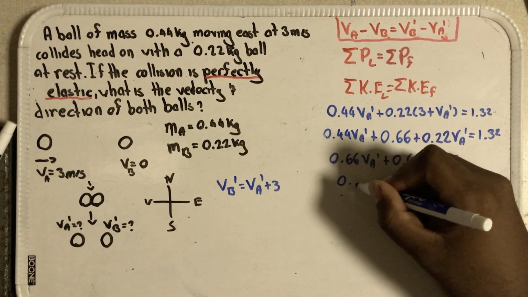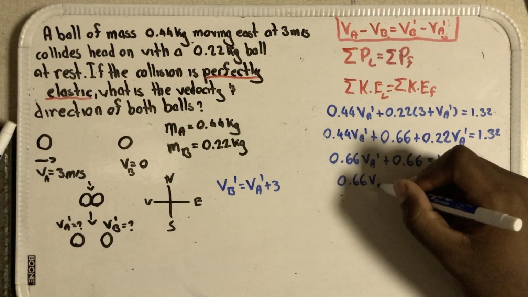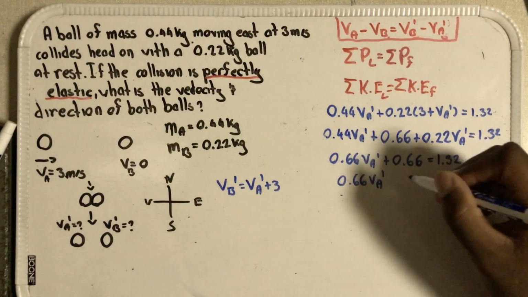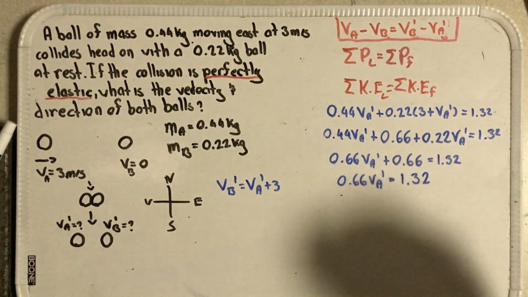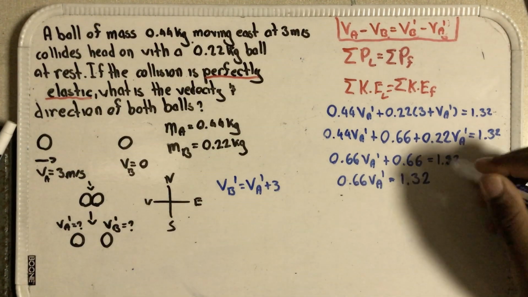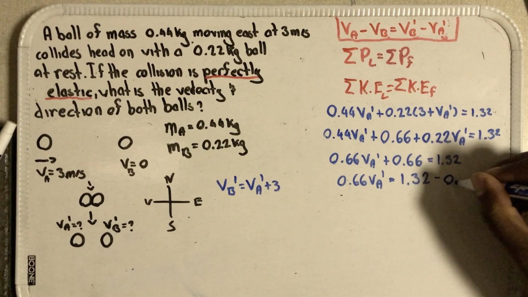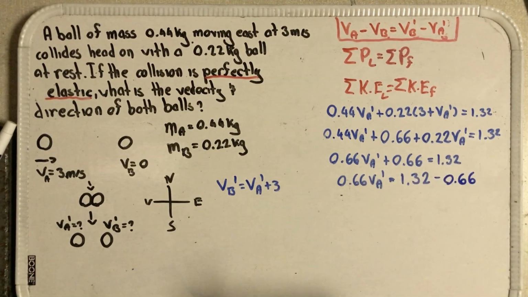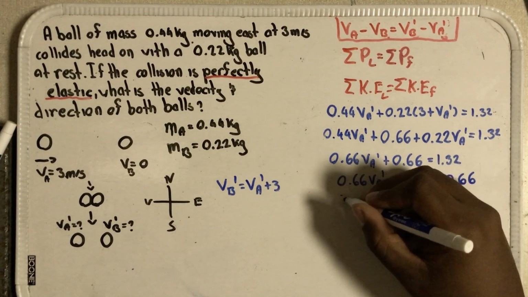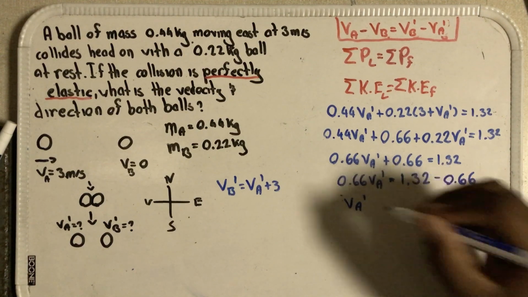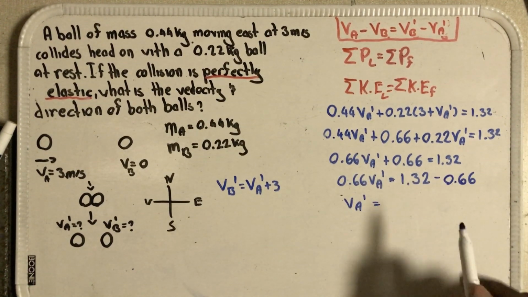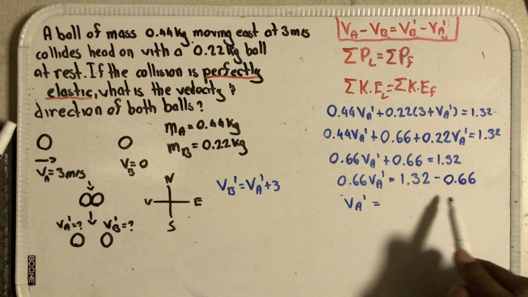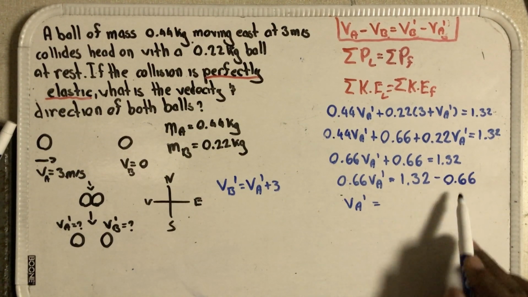So I have 0.66 VA prime is equal to 1.32 minus 0.66, and I hope you guys can see where this is going. So I end up with VA prime equal to this number, and this is double this.